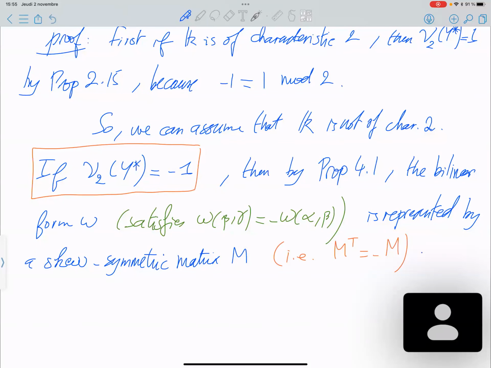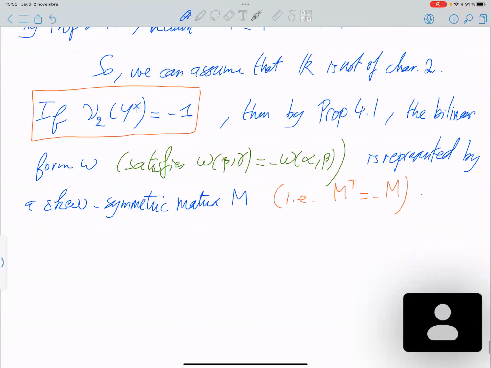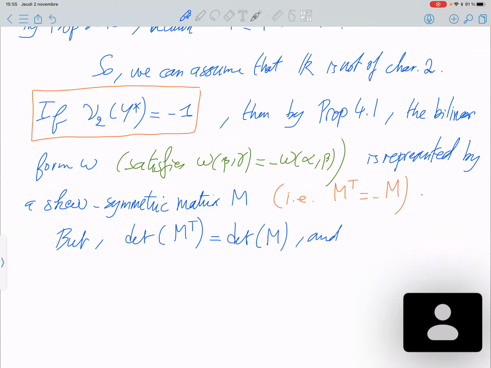But the determinant of the transpose of a matrix is equal to the determinant of the matrix. And the determinant of minus a matrix is minus 1 to the power n times the determinant of the matrix, with n the dimension of the space.